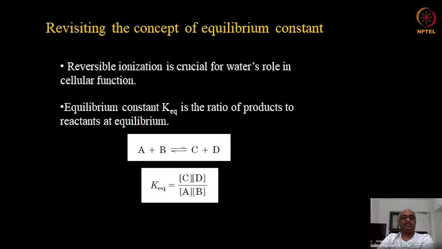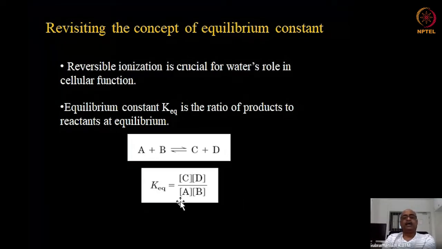Primarily it all comes from the basic point that the rate of a reaction is directly proportional to the concentration of the reactants. Here you have two of them, so you can write two equations. When you say both are equal, take the constants out and rearrange, you will get this.